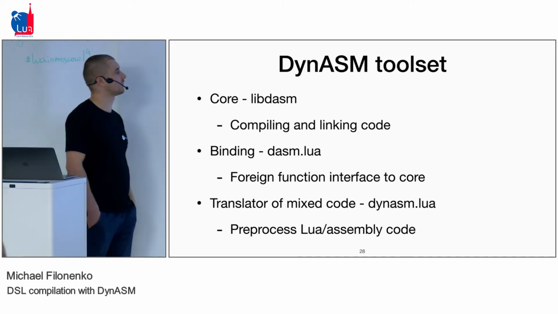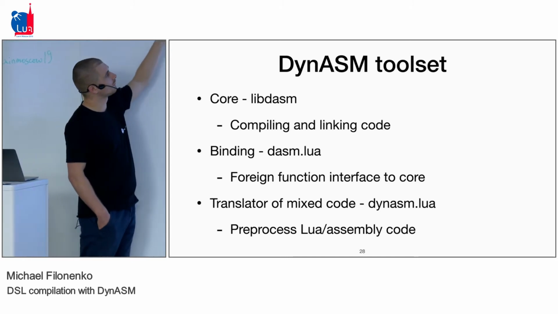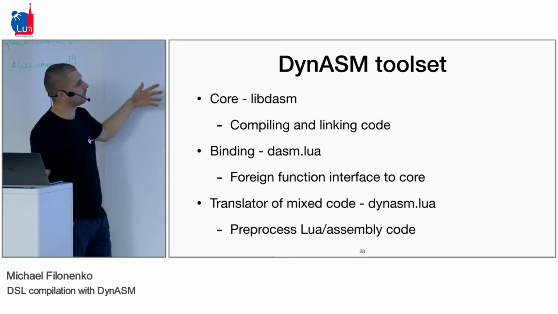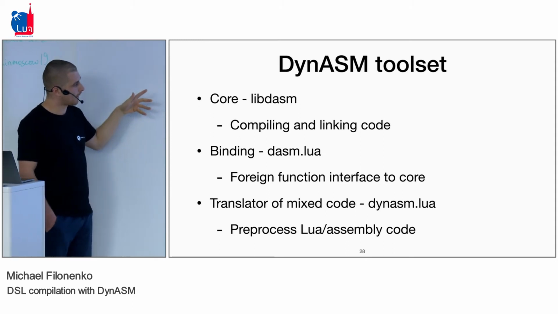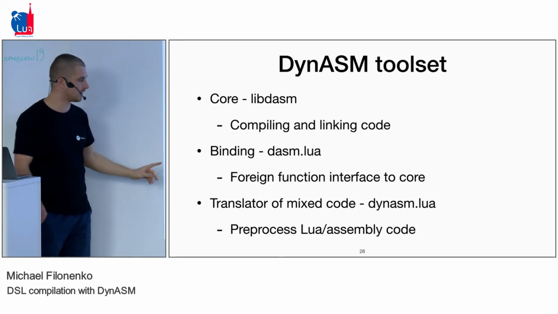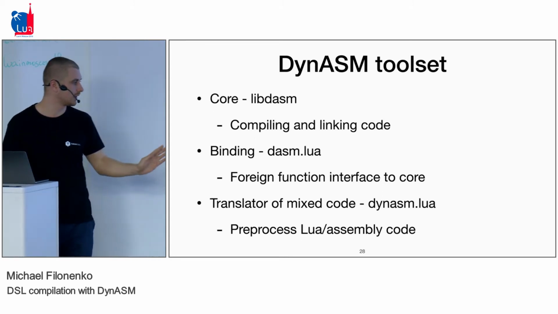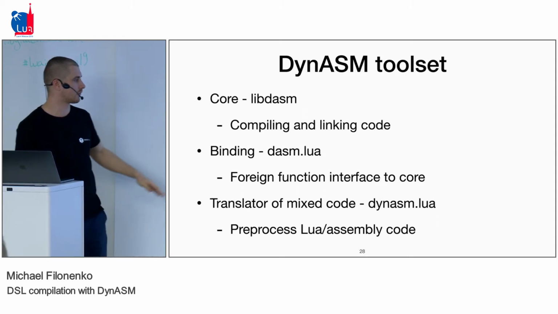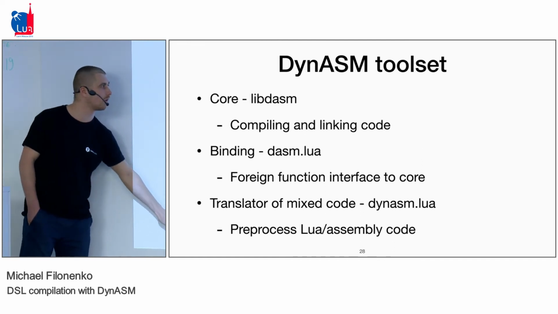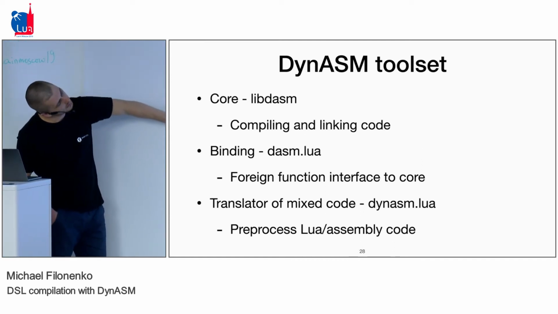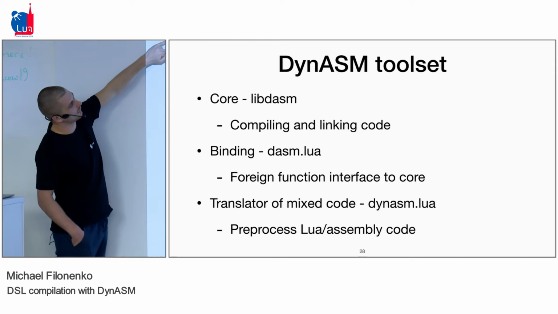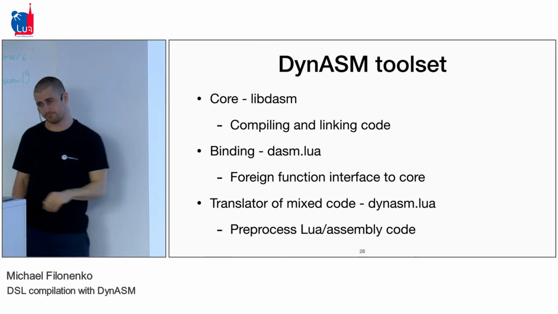The DynASM toolset includes three parts: the core, which compiles and links code, the binding to the core from Lua, and the translator of mixed code. By mixed code, I mean Lua mixed with assembly. The translator preprocesses the file with mixed code and translates it to calls to the binding, which go to the core.